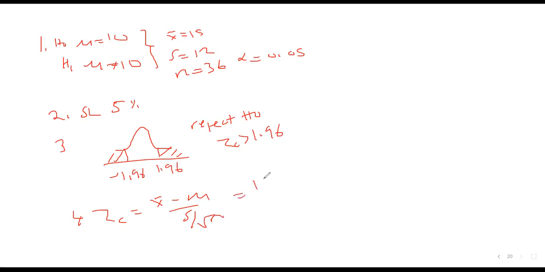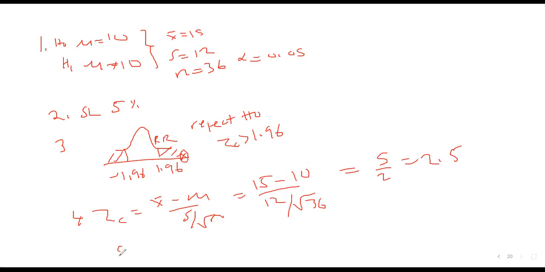So here we have 15 minus 10. Standard deviation is 12, square root of 36. What do we get? 5 over the standard error, which is 2, because 6 into 12 is 2. So we get 2.5. When you put it on the curve, it's in the rejection region.